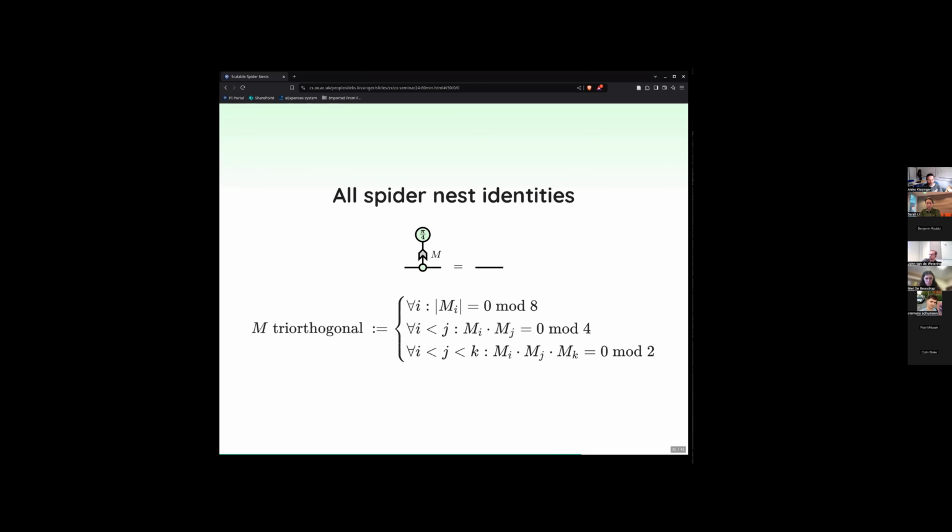Each of my dot products of a pair of rows, or element-wise products of a pair of rows, are 0 mod 4. And this threefold dot product of all triples of rows are 0 mod 2. Okay, so it's called triorthogonality, or we've called this strongly triorthogonal, but the literature is a little all over the place on what to call this.